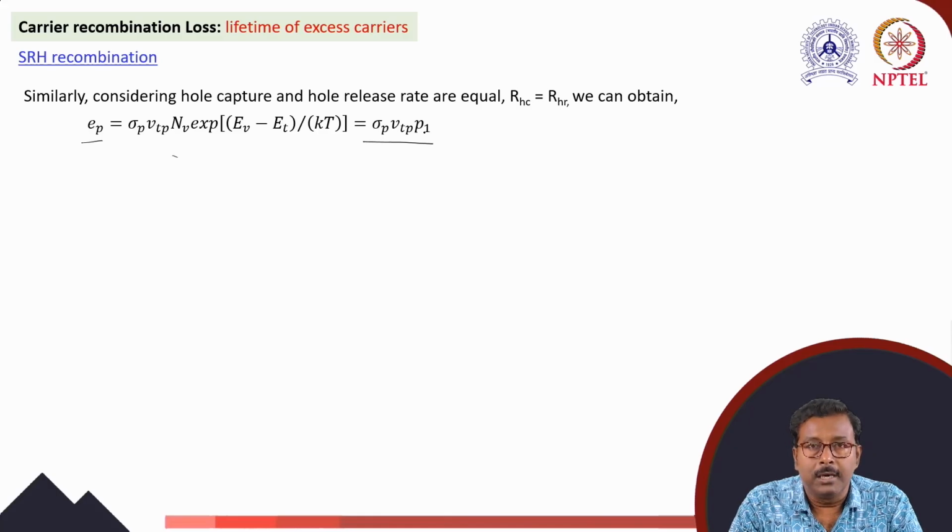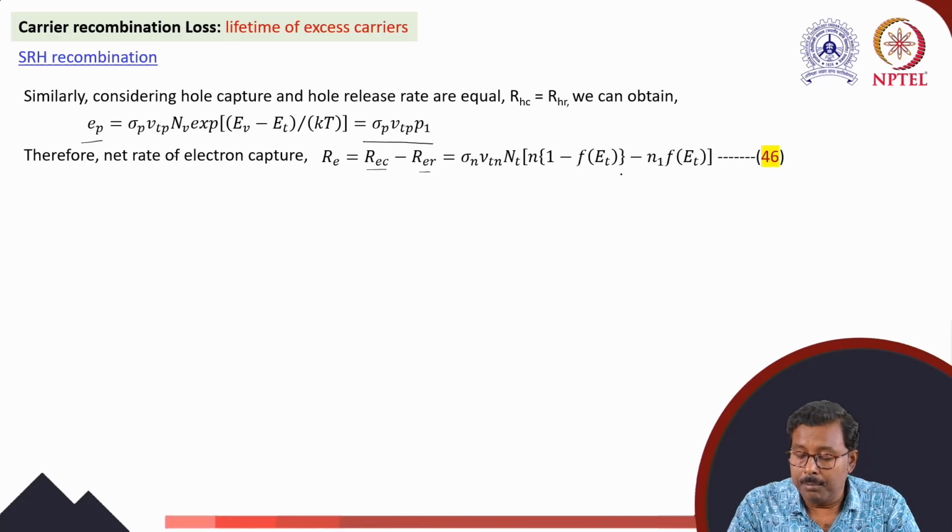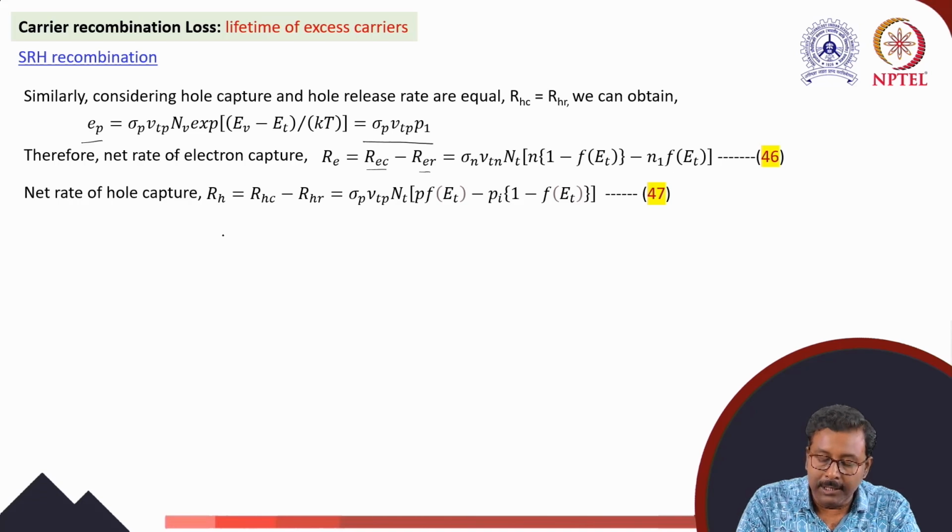So these two final expressions for the proportionality constants are obtained, and therefore the net rate of electron capture, that is electron capture minus electron release, can be obtained from the previous expressions in this way. Similarly, the net rate of hole capture is RH equal to RHC minus RHR, hole capture minus hole release.